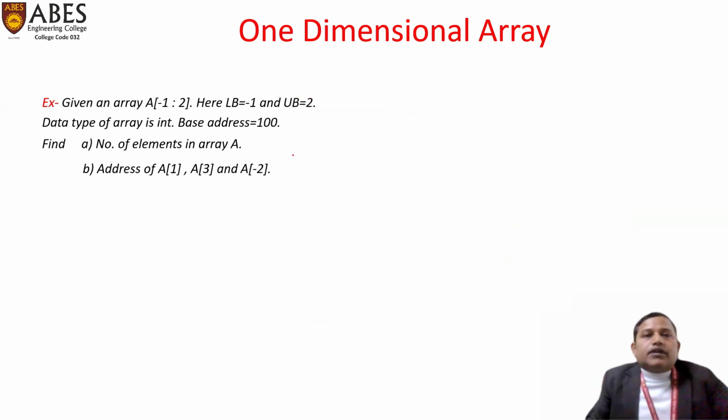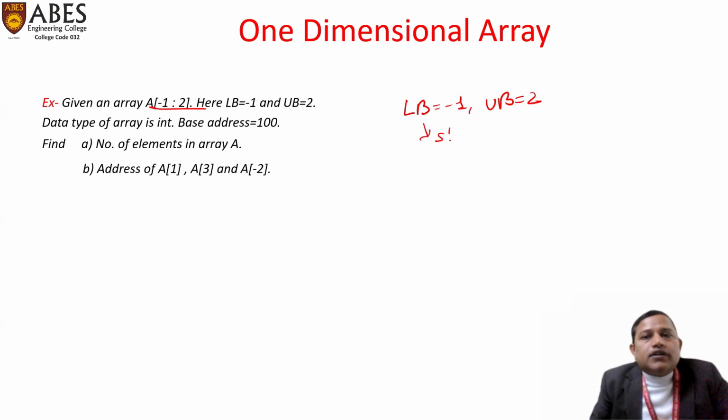So we will take another example here. Suppose you are given an array A with lower bound -1 and upper bound 2. This is called the starting index.